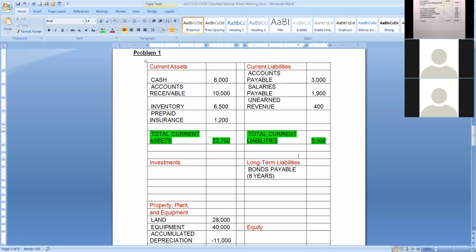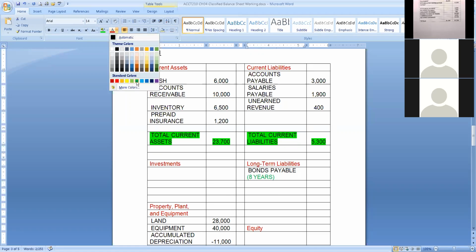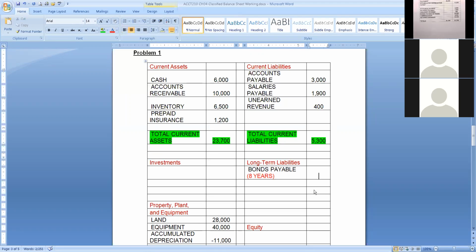Because it's for more than 1 year, this is kind of the kicker right here. It's going to come down here. If you had bonds payable that were going to be due in 180 days, it would be current.